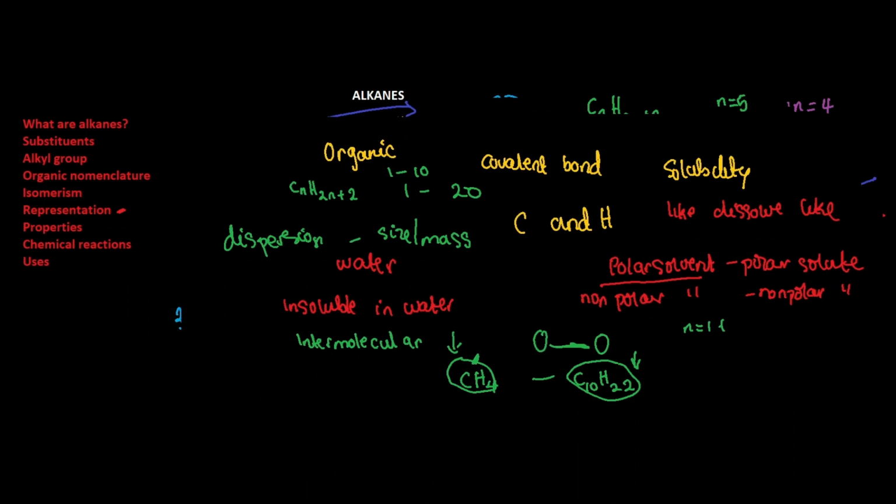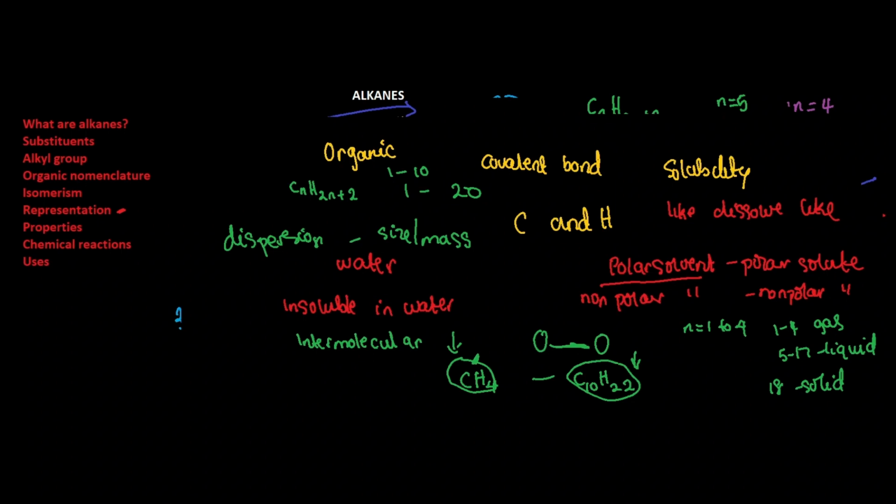So generally, alkanes from n equals 1 to n equals 4, that is from methane to butane, are gases. Then from 5 to 17 are liquids, and from 18 and above we have solids.